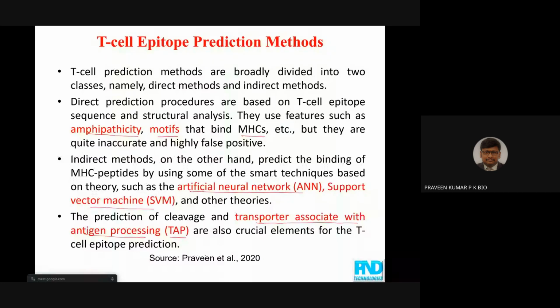The processing is dependent on this TAP, so this can also be predicted in the form of a score. If you paste the antigen sequence, you get the TAP score also. Other than finding the best T cell epitopes, we can also find TAP scores.